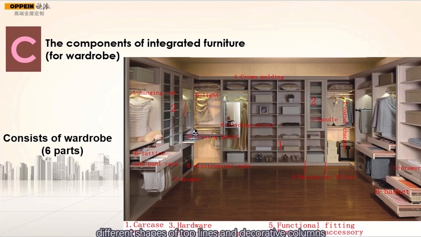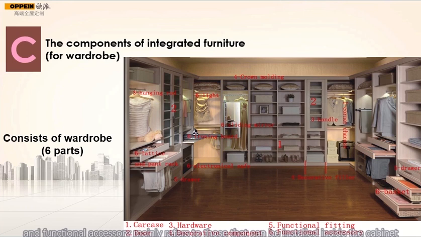For example, different shapes of top lines and decorative columns can be applied to different styles of wardrobe design. Functional fitting mainly refers to drawers and trouser racks customized according to the size of the cabinet.